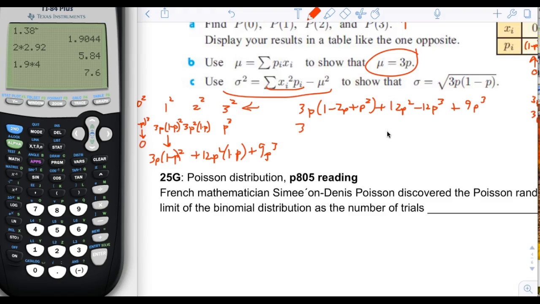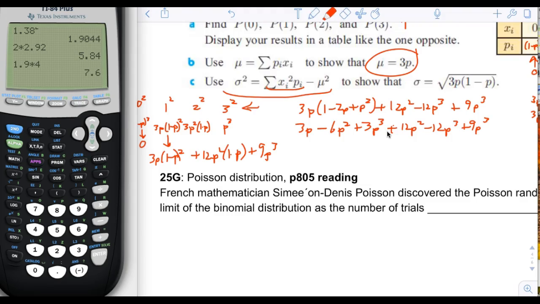And then we're going to distribute the first one: 3p minus 6p squared plus 3p cubed plus 12p squared minus 12p cubed plus 9p cubed.